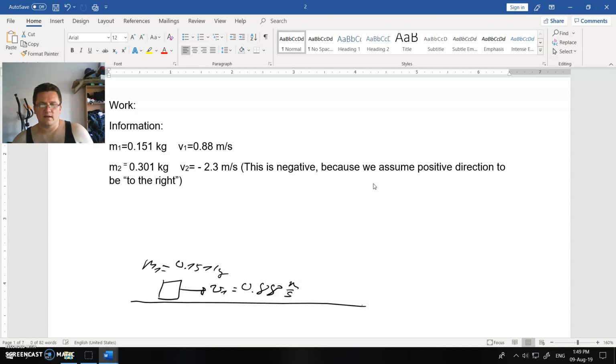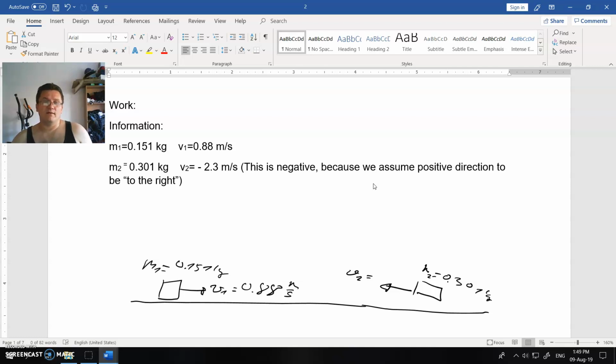And we have another glider moving in the opposite direction with mass M2 equal to 0.301 kilograms, and its speed is V2.